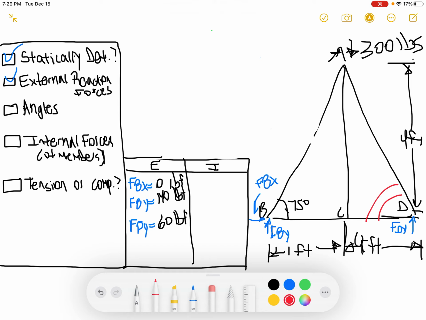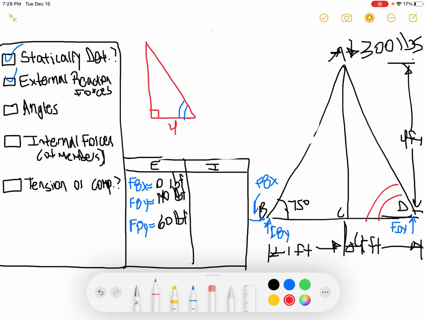We need to find angle ADC. We can take this triangle and move it over here and pretty much cut it in half. So it's a right triangle. We are trying to find this angle.